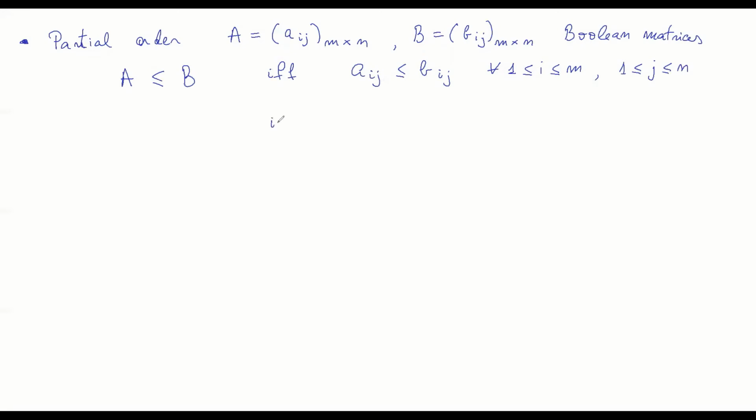Just because you are working with the Boolean algebra B2, with values 0 and 1, it is easy to see that this is equivalent to saying that a_ij is 0 or b_ij is 1, and this should hold true for all i and j. This is just an observation that holds because we are working with the Boolean algebra B2.